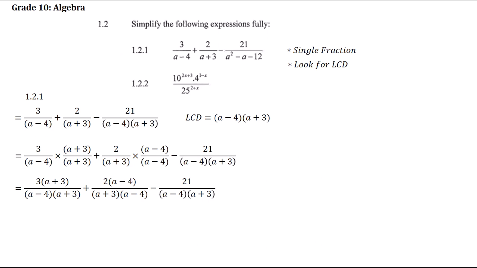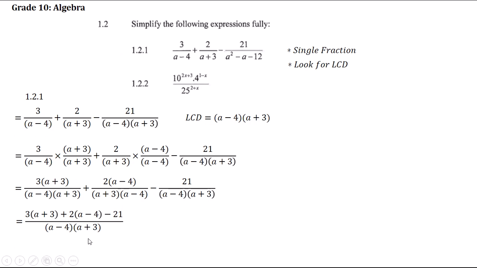The rules of addition and subtraction say if the denominators are the same, we can just add the numerators and take the denominator as it is. Now that all the denominators are the same, we can just add all of this. This is what we have: this plus this minus this, using the same denominator.